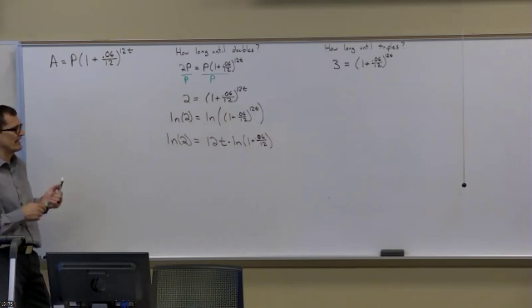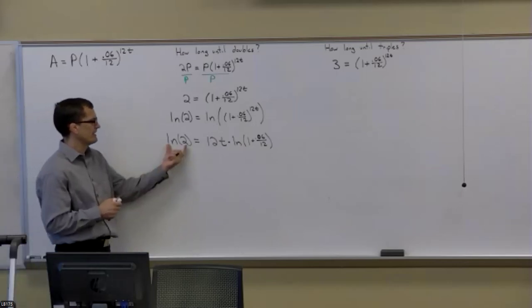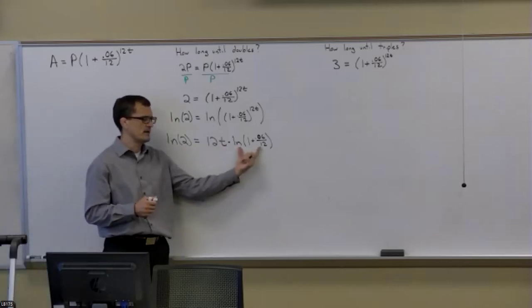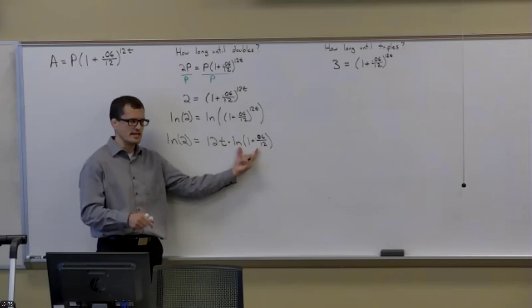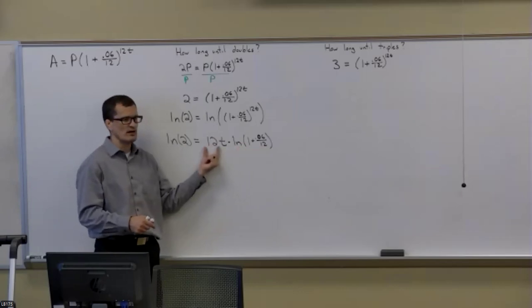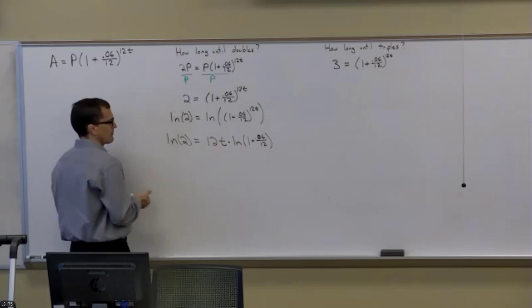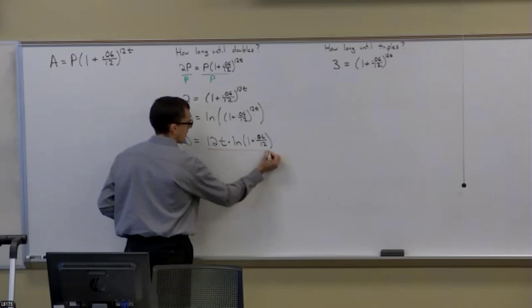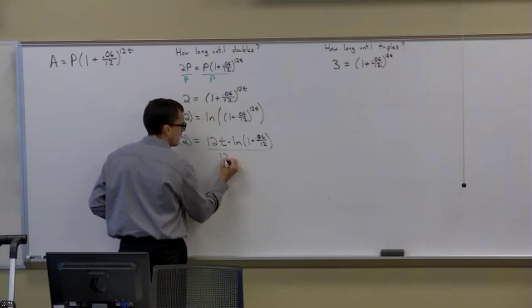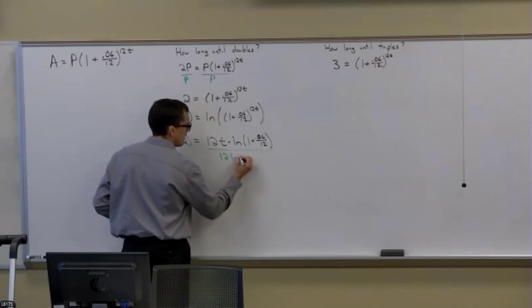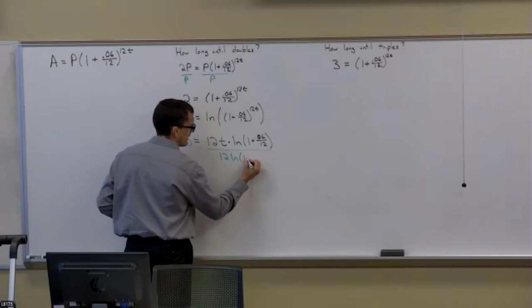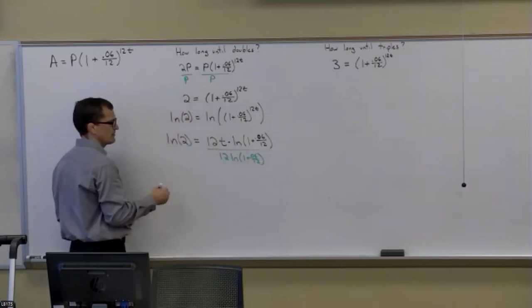Usually what I do on my calculator is I'll take natural log of 2, divide it by this number first, hit enter, and then divide it by 12. But when I write it on the board, a lot of times I'll write it as dividing both sides by 12 times the natural log of 1 plus 0.06 over 12.